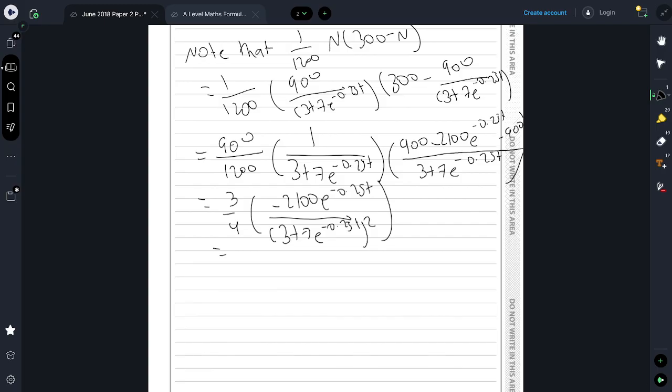So that'd be minus 2100 times by 3 over 4. And there we are, I recognise that number. Minus 1575 e to the minus 0.25t, all over 3 plus 7e to the minus 0.25t squared.